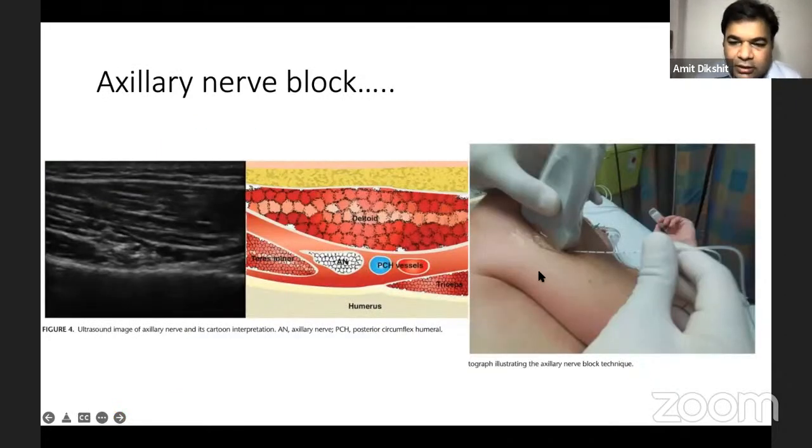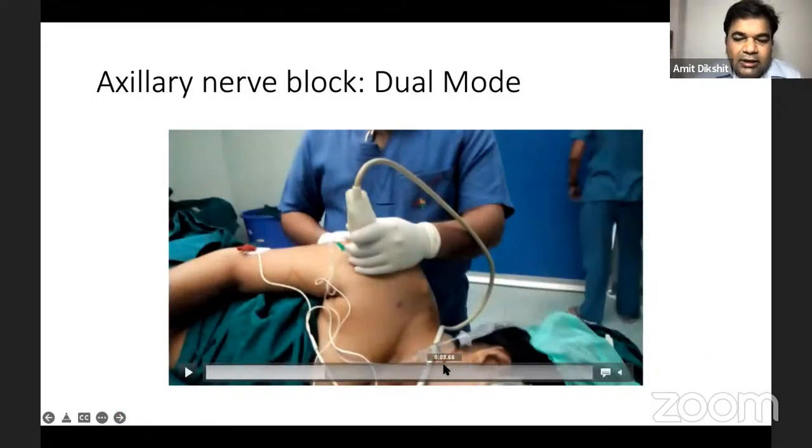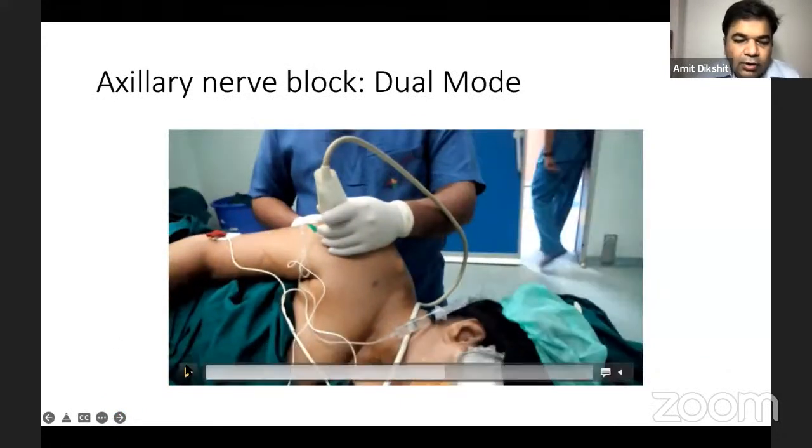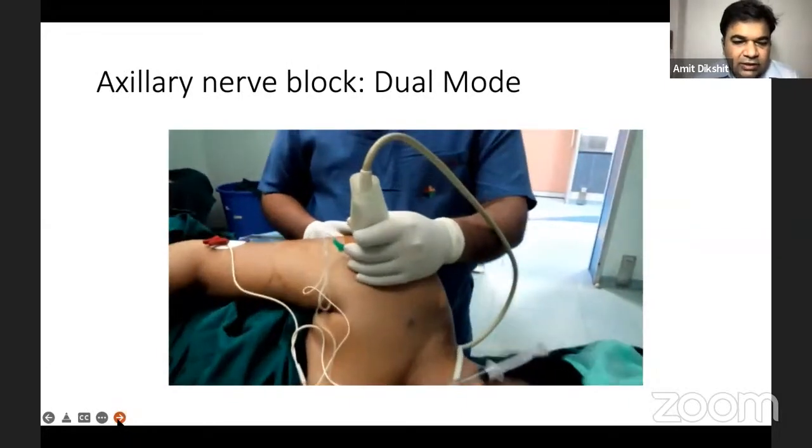Axillary nerve, because these two blocks have arteries and then the vessels by the side of here, the dorsal circumflex humeral artery, and by the side is the axillary nerve. So again, this block is easier. If you are interested, then many YouTube videos are also available, and it's an easy block, and you can do it with a dual mode. PNS gives good conviction that this block is working well.